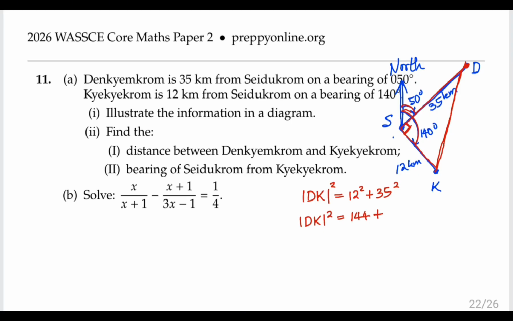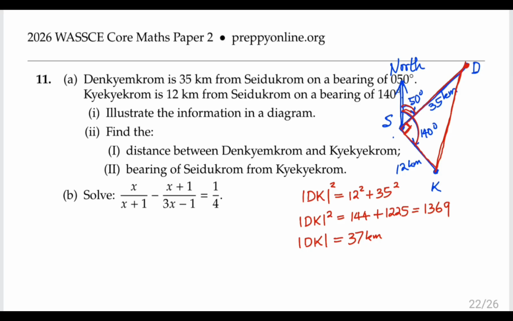And what is 35 squared? 35 squared is 1225. So when we add the two together, we're going to get a number, 1369. So now DK, which is what we're looking for, is going to be the square root of 1369. And that square root is 37. So the distance between Dentemchrome and Chechachrome is 37 kilometers.